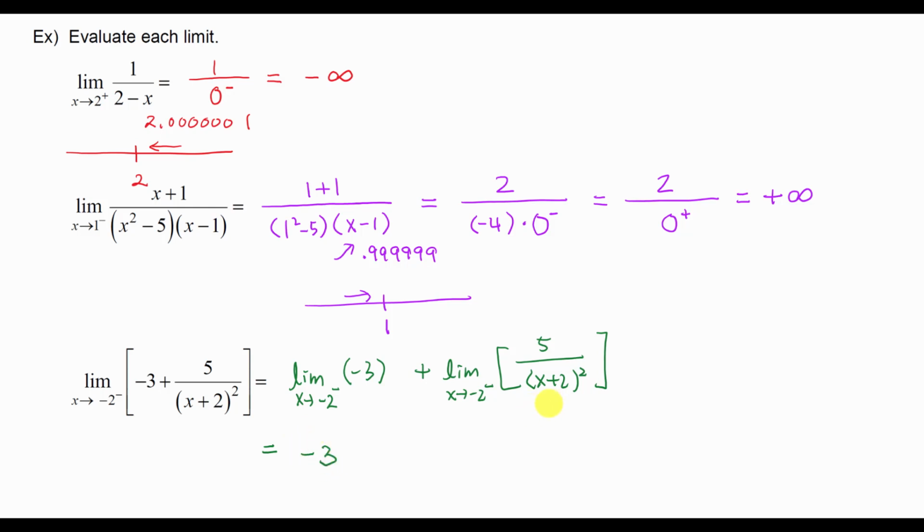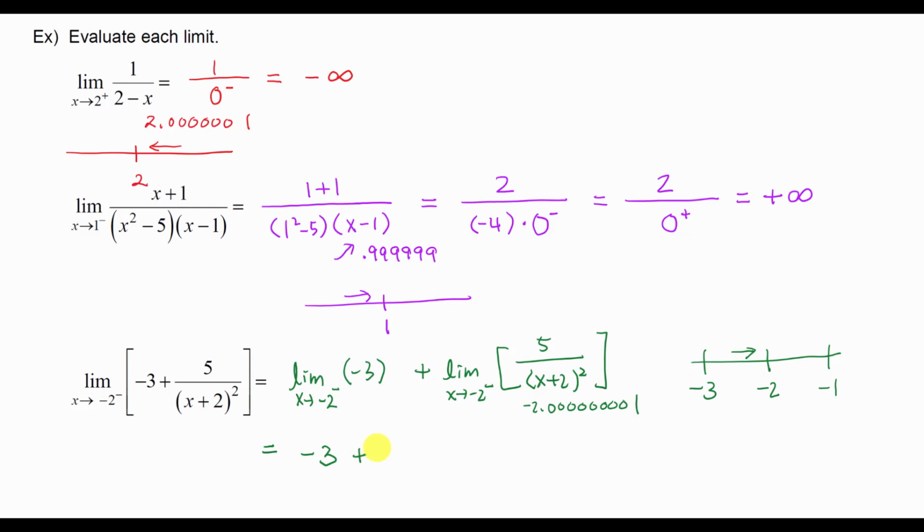And now for the second one, I will plug in a number that is close to negative 2 coming from the left. Here's negative 1 and here's negative 3. If you come from the left, a number very close to negative 2 will be negative 2.000000001, something like that. So that will give you a negative value.